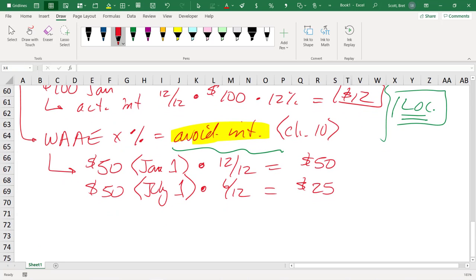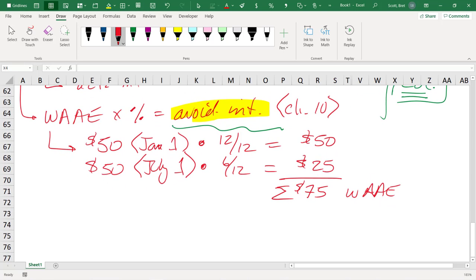Now there is a whole grouping part of that topic. I don't want you to worry about that right now. The total weighted average accumulated expenditures in this case is 75. That's your Y. What do we do with that now? Well, just group that as one group and multiply it by 12%. Guess what that equals? $9 avoidable interest.